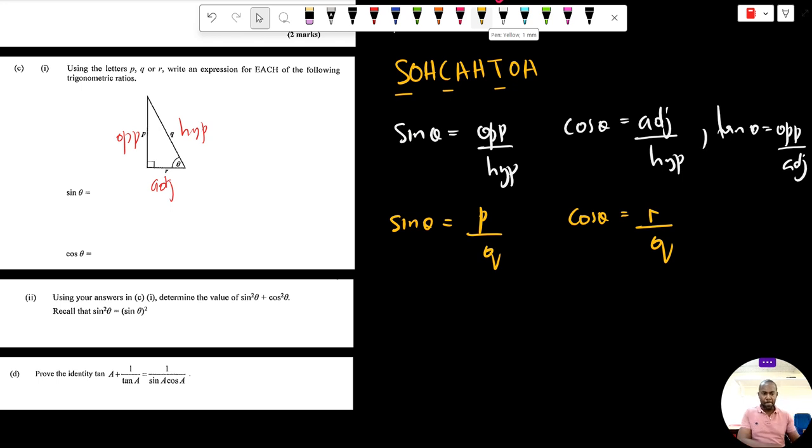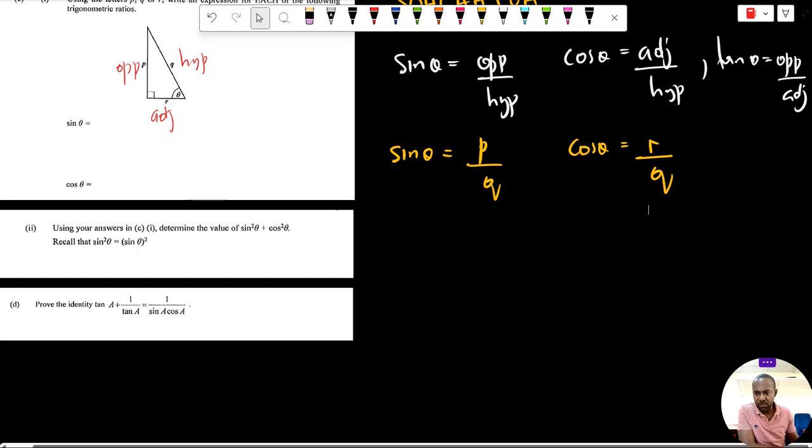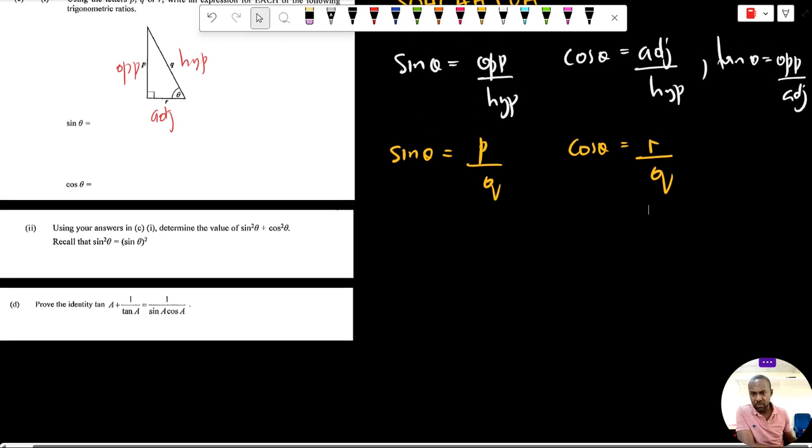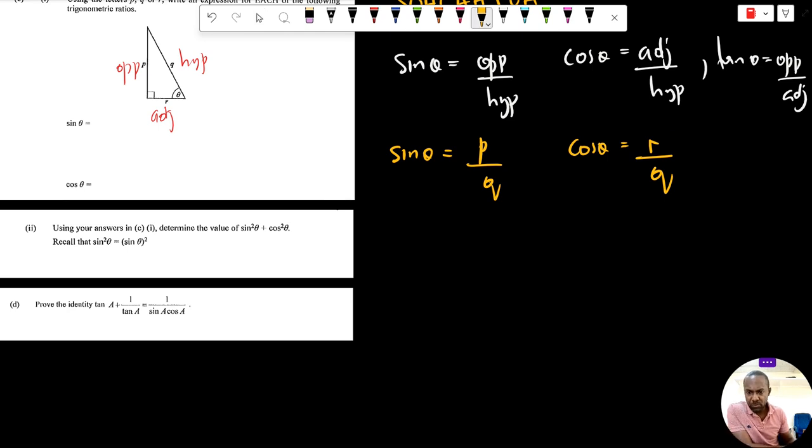Now, part 2 says, using your answers in C part 1, determine the value of sine squared theta plus cos squared theta, right? And of course, you're supposed to recall that sine squared theta is equivalent to sine of theta, squared. So, if we go to sine squared theta plus cos squared theta, what this gives us is this.